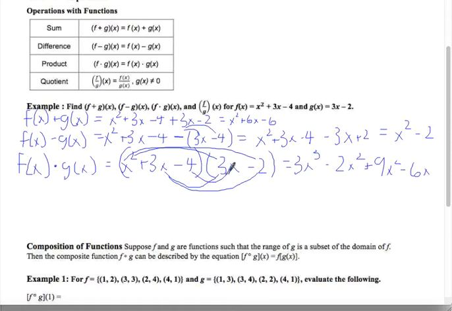Negative 4 times 3x gives us a minus 12x. And then negative 4 times negative 2 gives us a plus 8.